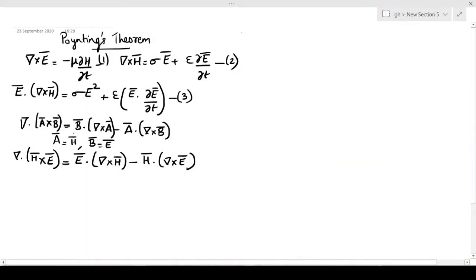This was a vector identity, and we substituted A as the magnetic field and B as the electric field. You got this equation, and now substitute this in equation number 3.